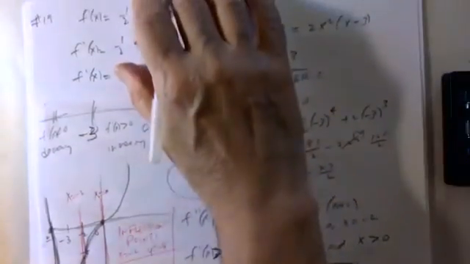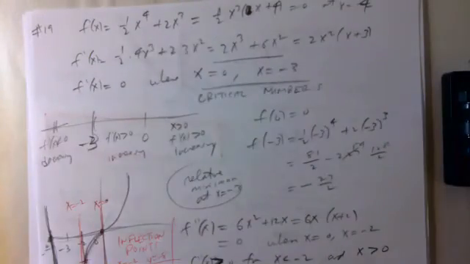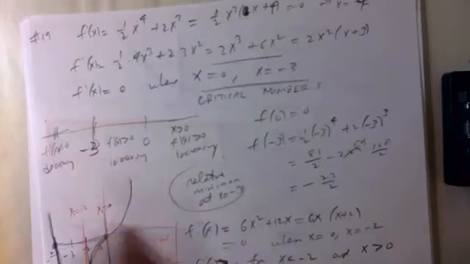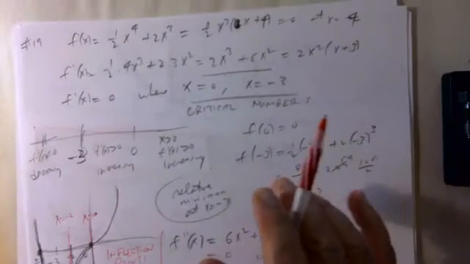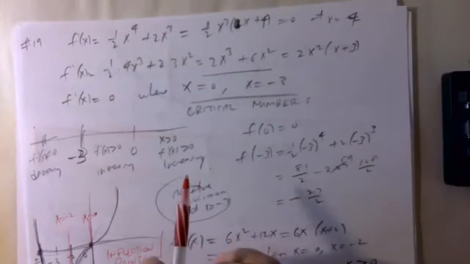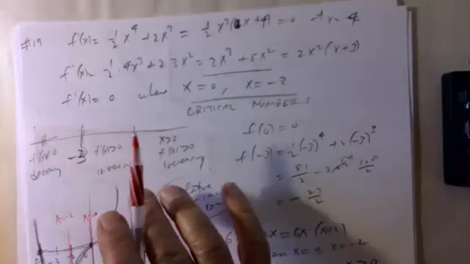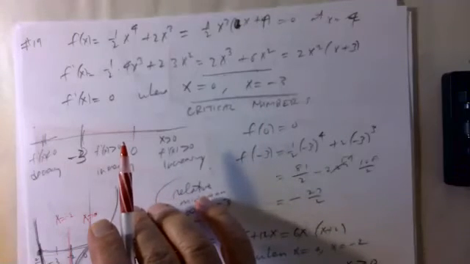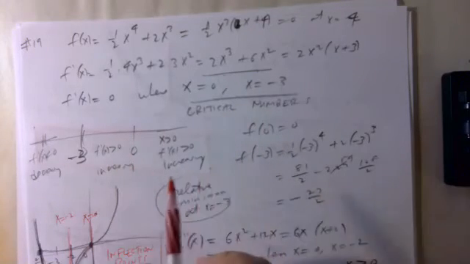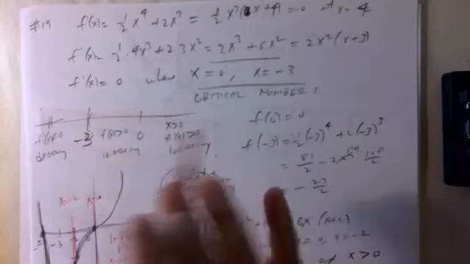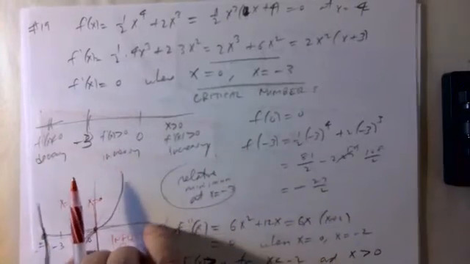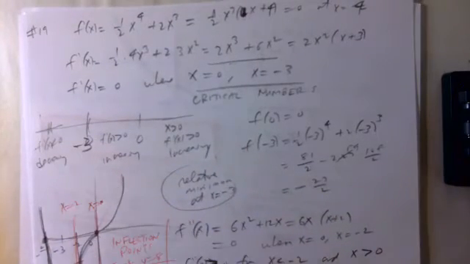Okay. Let me just run through this again, because this is a basic problem. Namely, it's a fundamental problem in Calc 1. If I give you a function, tell me where it's increasing, where it's decreasing, where it has a relative maximum or minimum, where it is concave up, where it is concave down, and where it has inflection points.